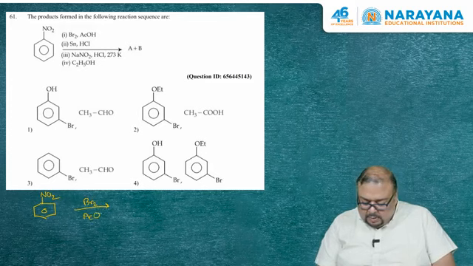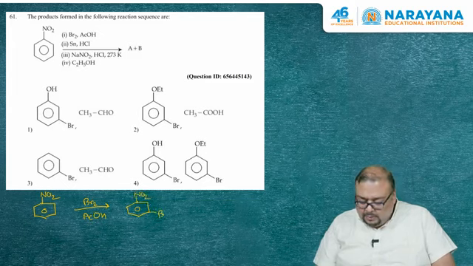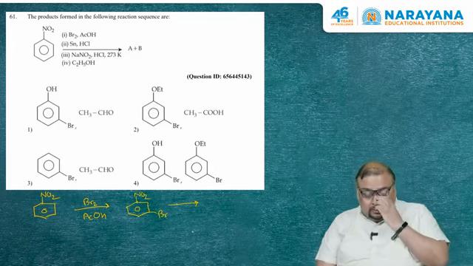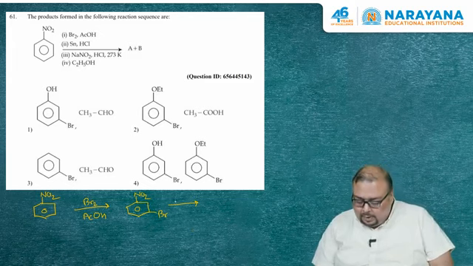Now this is already a deactivated ring, so only monobromination will take place, and that too at the meta position with respect to the electron withdrawing group, because NO2 is a meta directing group. Then with Sn/HCl, which is metal acid reduction, NO2 will be converted into NH2.